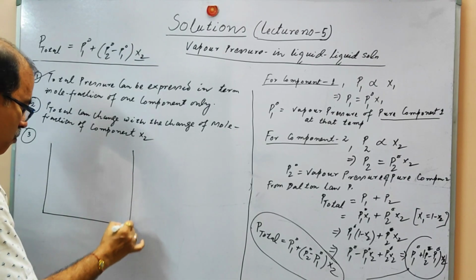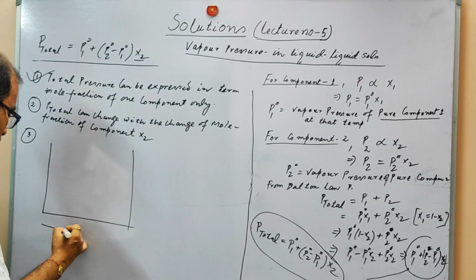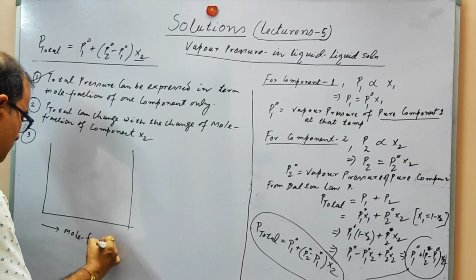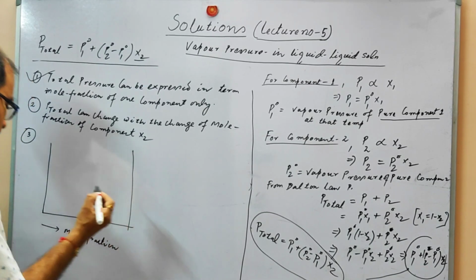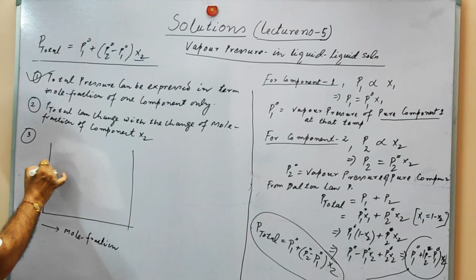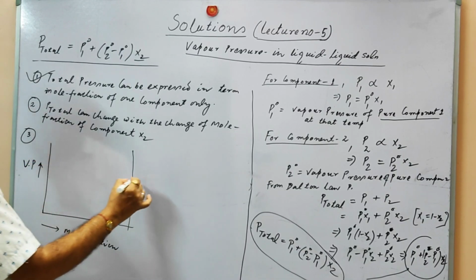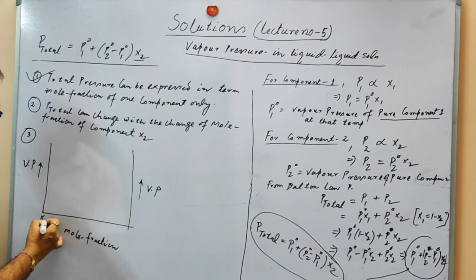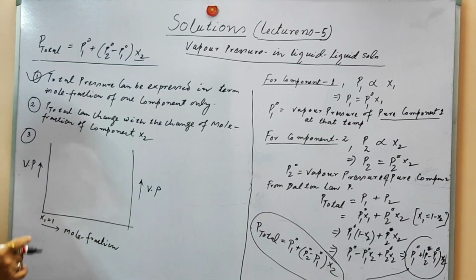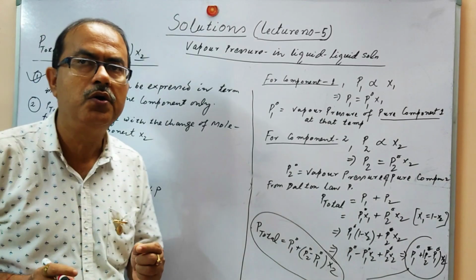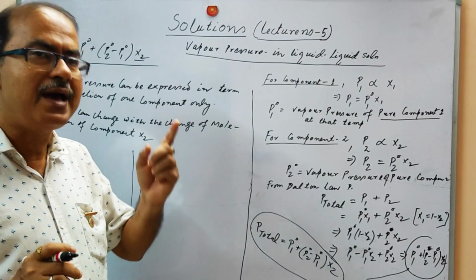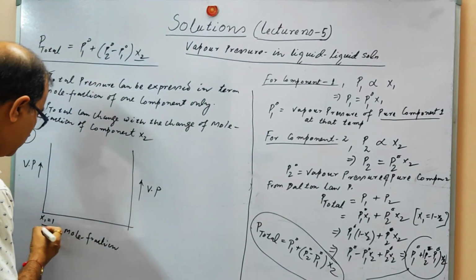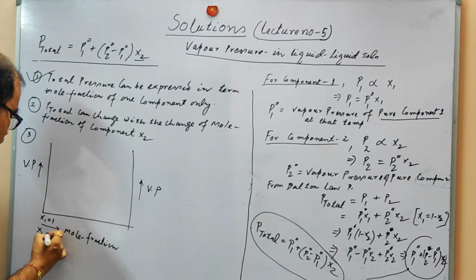This is a plot. Here in the x-axis we are plotting the mole fraction, and here this is a vapor pressure. So when x is equal to 1, the mole fraction of the component 1 is 1, meaning in the solution there is no component 2, that is, the mole fraction of the component 2 is 0.